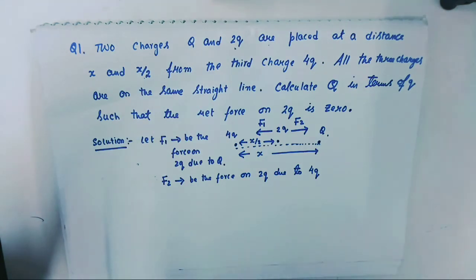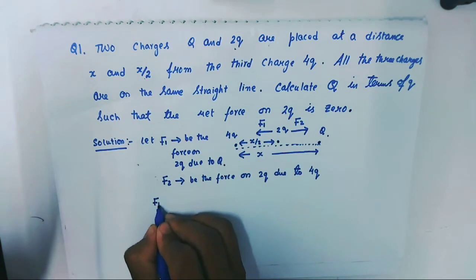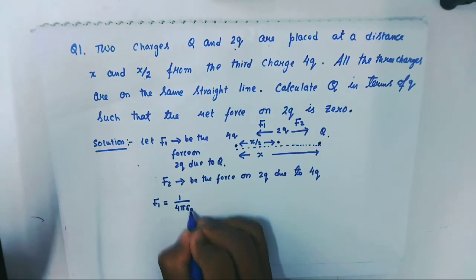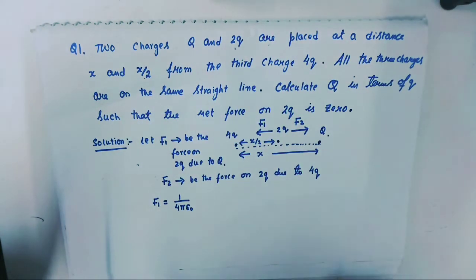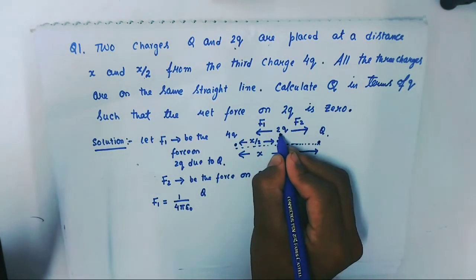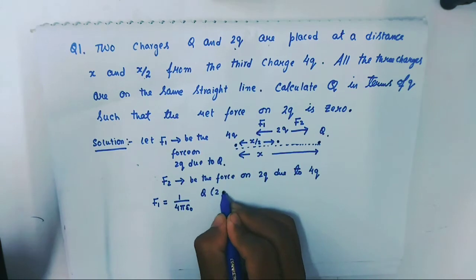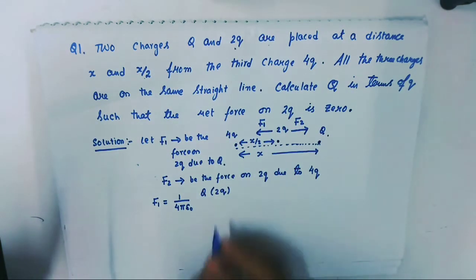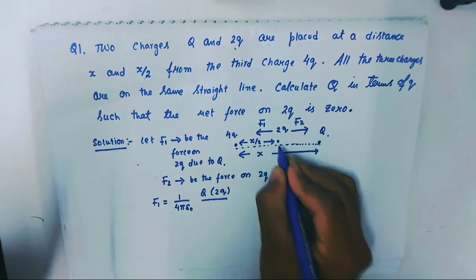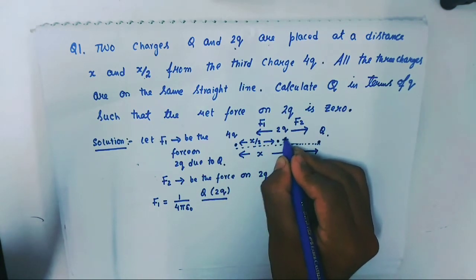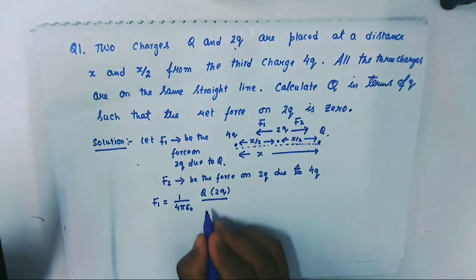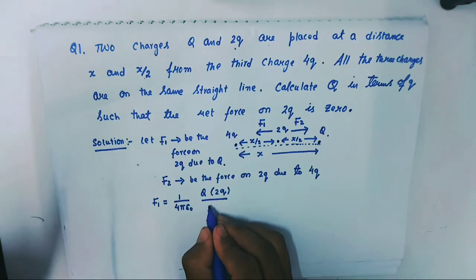From Coulomb's law, the magnitude of F1 is equal to 1 by 4 pi epsilon naught. Here the charge is capital Q, and another charge is 2Q, and the distance of this capital Q from this 2Q is also x by 2. So we have to divide by the square of the distance.